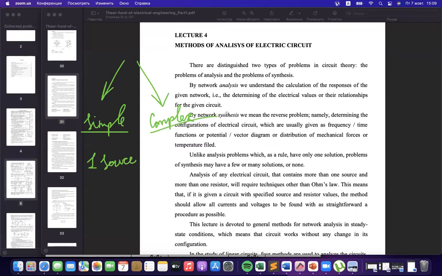For a complex circuit, we have more than one source, sources of electricity.